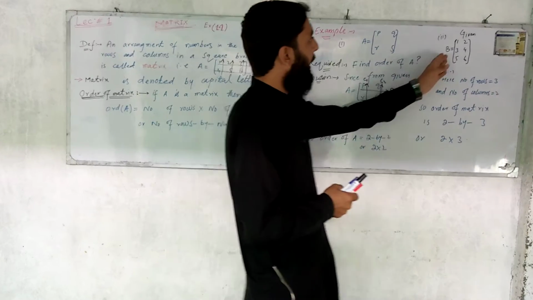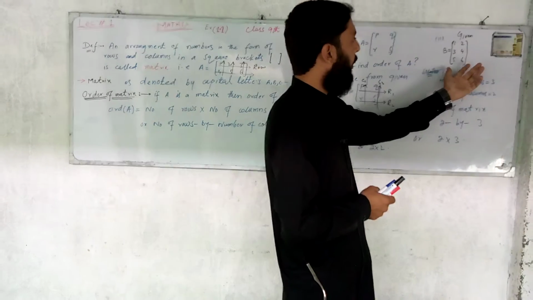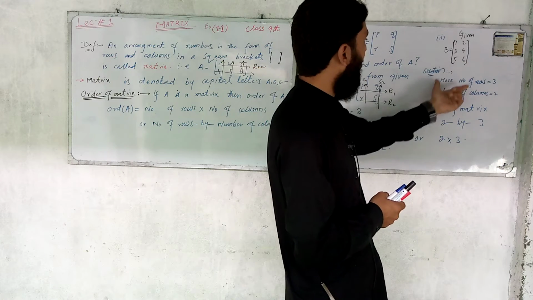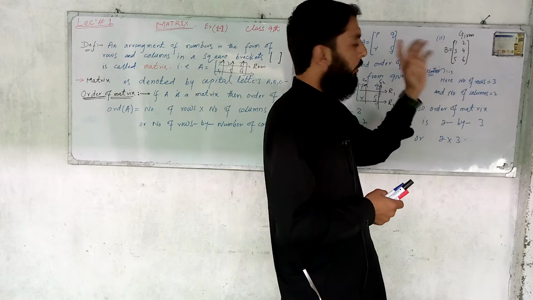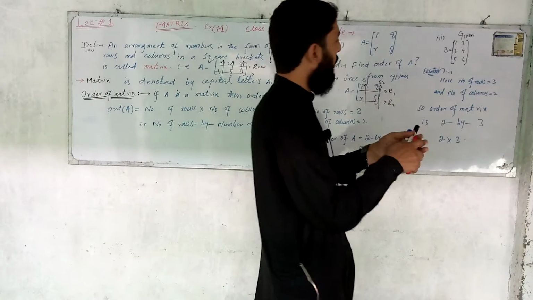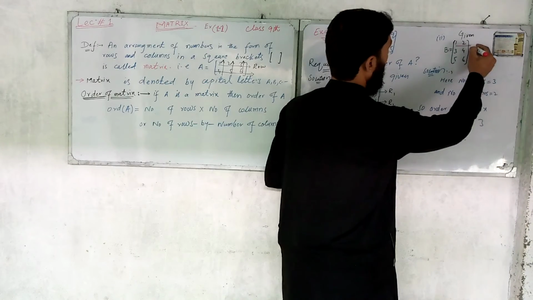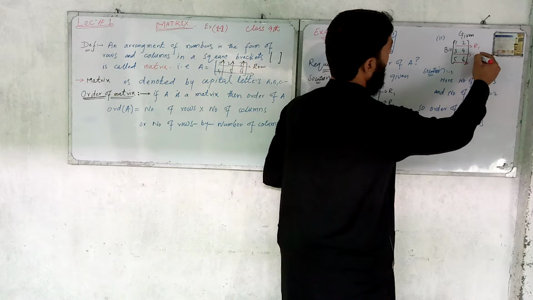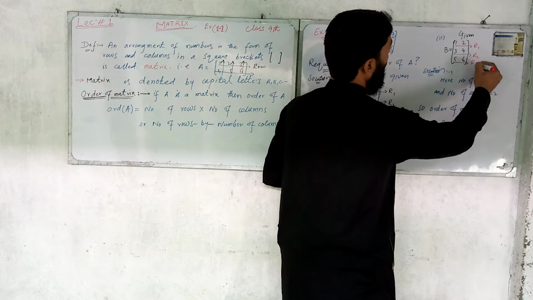Another example is B equal to 1 2 3 4 5 6. Here we find the order of the matrix B. First you should know the rows of the matrix. Here we have 3 rows: row 1, row 2, row 3.